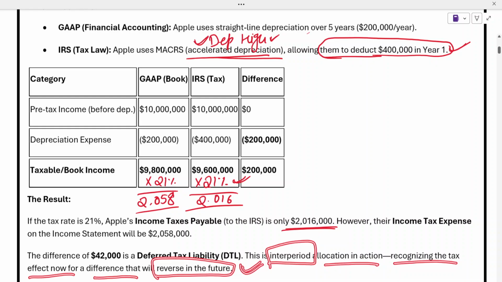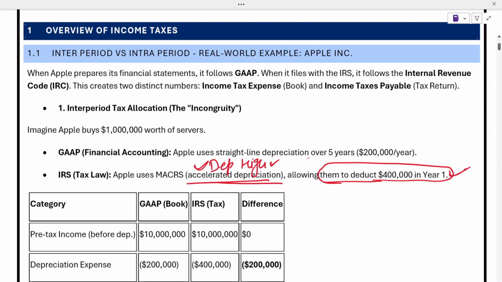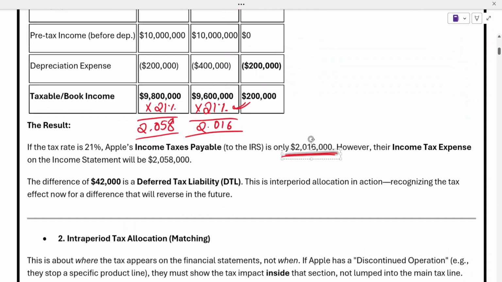We will see this concept in more detail later on, but overall the basic thought behind this chapter is simple: there will be differences between income tax rules and GAAP rules, and based upon that there will be differences created in the taxes paid.